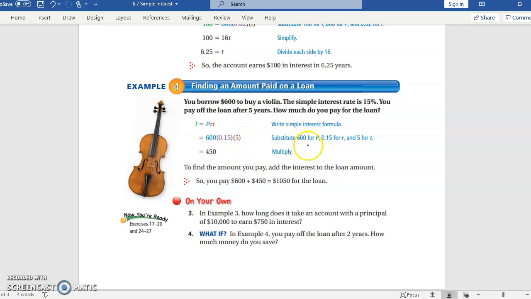So you're going to multiply all those together and you get 450. So you are going to add the 600 that you borrowed plus the 450 that you paid in interest, and you have $1,050 for the loan.